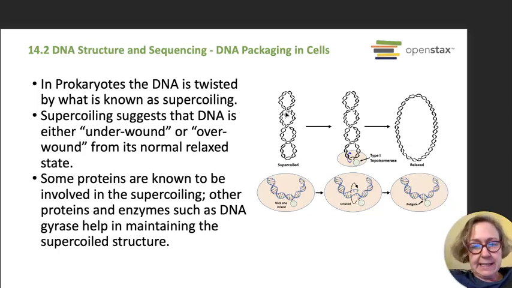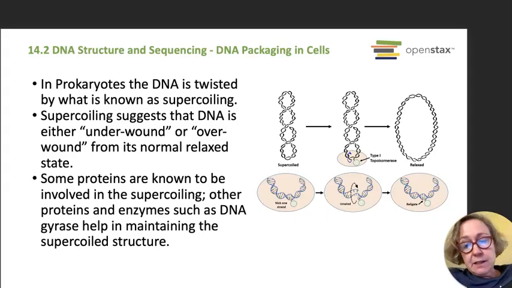If you think about a slinky and how you would wind that up, some proteins are involved in the supercoiling. Other proteins and enzymes, such as DNA gyrase, which we will hear about in both prokaryotes and eukaryotes, help maintain the supercoiled structure. It helps tie it up and make it smaller.